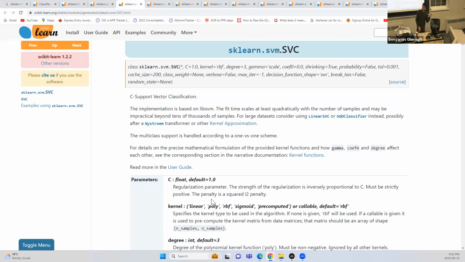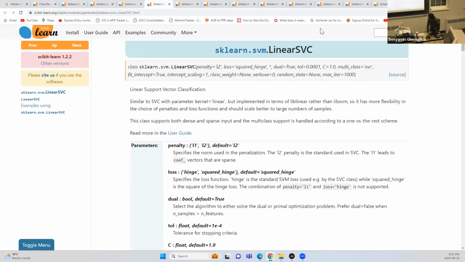When we are using the kernel trick, a linear kernel doesn't do anything. It's not kernelizing anymore, so it becomes linear SVM. However, scikit-learn suggests that as SVC is a bit slow, when you want to use linear SVM, don't use SVC with a linear kernel. Instead, use LinearSVC, this page. This is much faster.